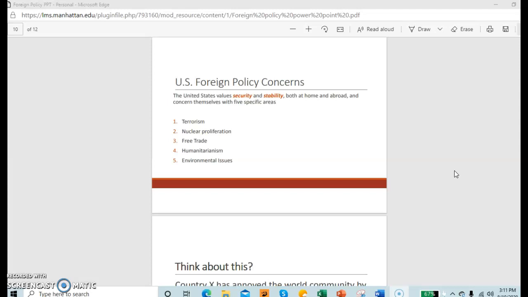Countries like Iran getting nuclear weapons, countries like Iraq getting nuclear weapons, countries like North Korea getting nuclear weapons. In other words, thinking about the U.S. concern that nuclear weapons will spread very broadly around the world, and this will be a threat to core U.S. interests. And then issues of free trade.